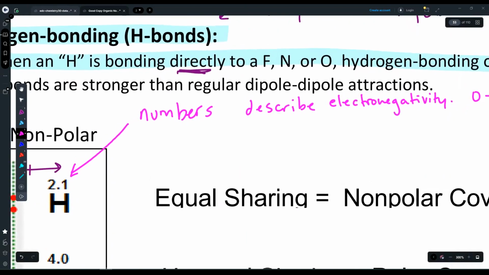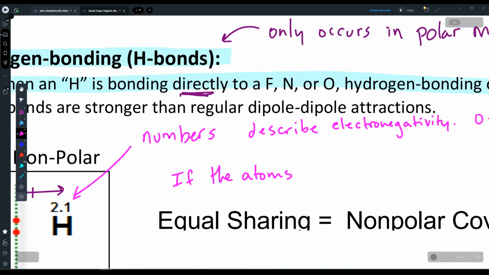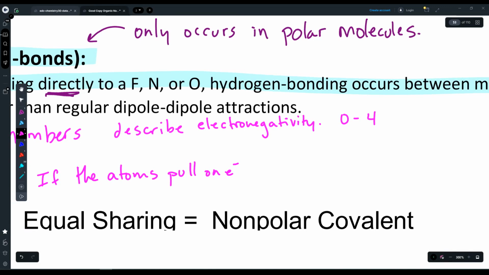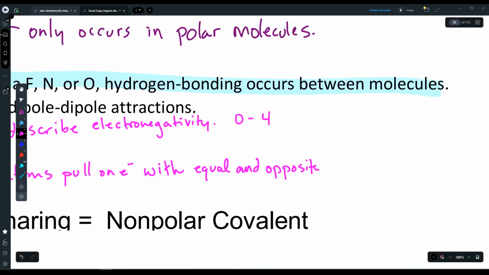And then with what I said about the hydrogen, if the atoms pull on electrons with equal and opposite force, they cancel out.